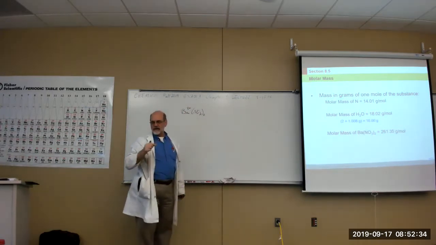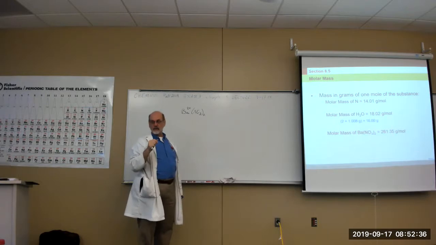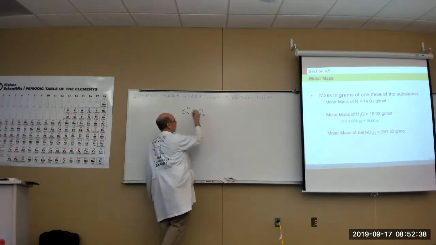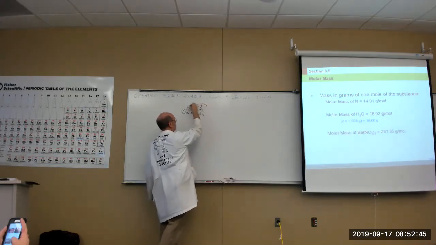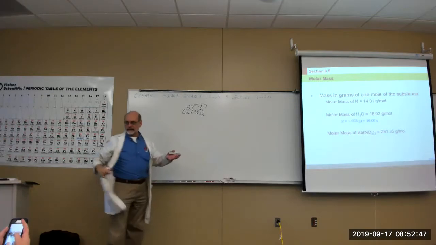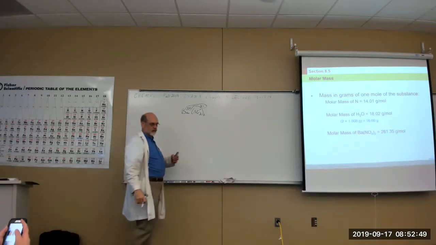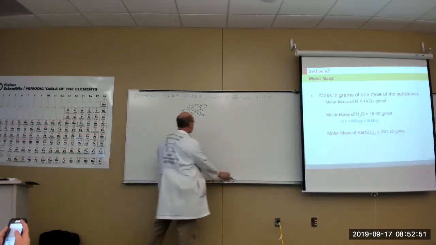Nitrate is a polyatomic ion with a -1 charge. 2 times -1 balances that, so we know it's written correctly. We want to be sure that we can still do that.